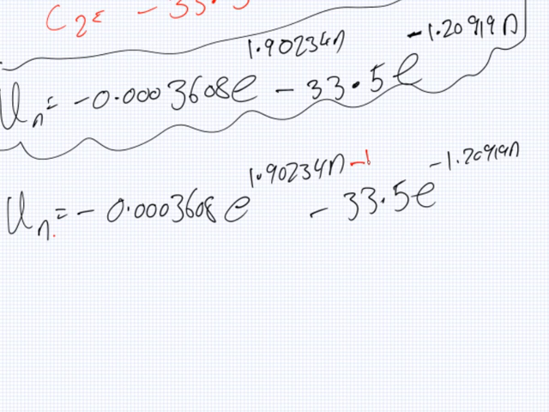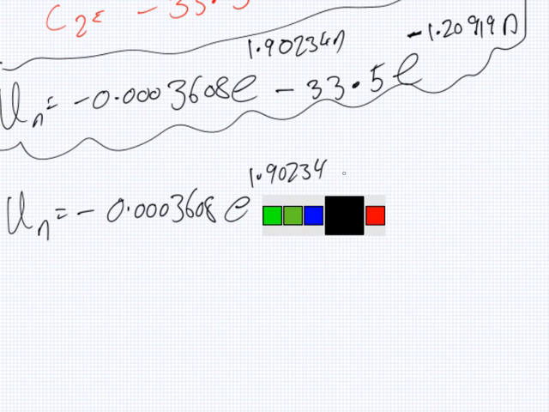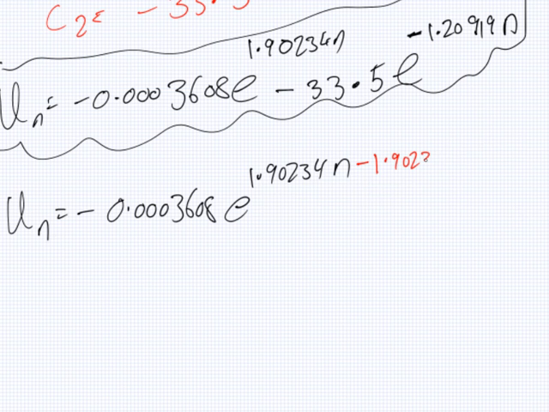So what I could do is put in a minus 1 point. Now look, I'm just going to save space because I can't squeeze it in here, so I'm just going to do it for the first one. But you can do the same trick for the second one, okay? I'm just saving space here. So I can do minus 1.90234 plus 1.90234, and then there's the other piece as well.